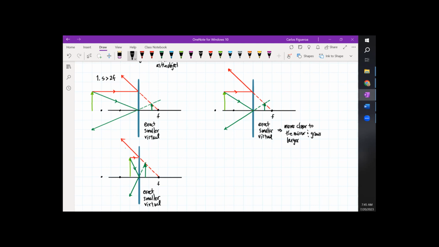So now let's do the last one of all of the possible images. So this will be a comprehensive. Let me move this over here.